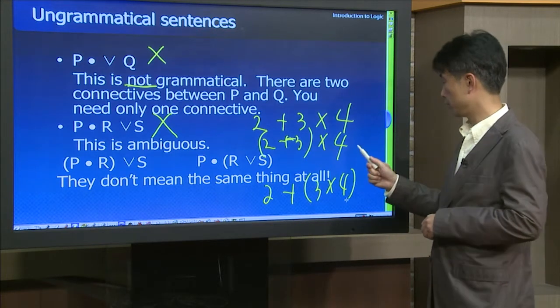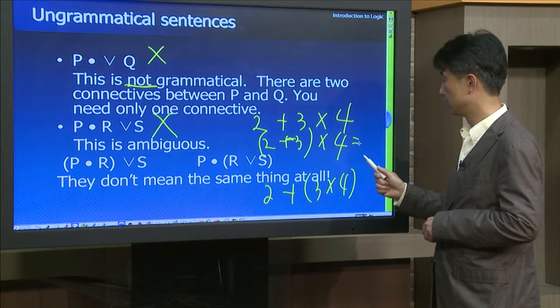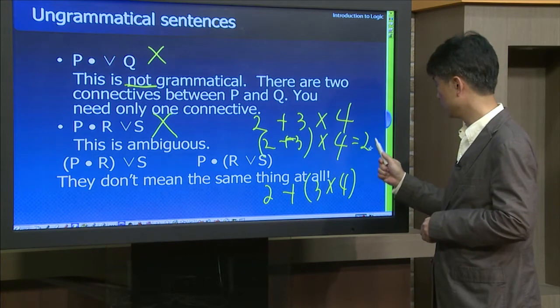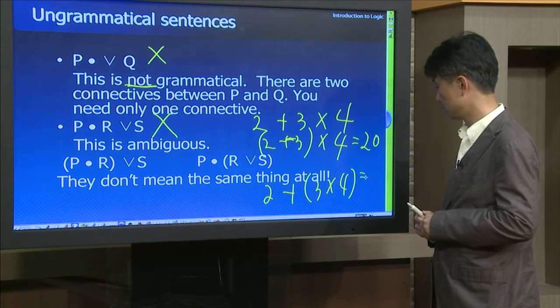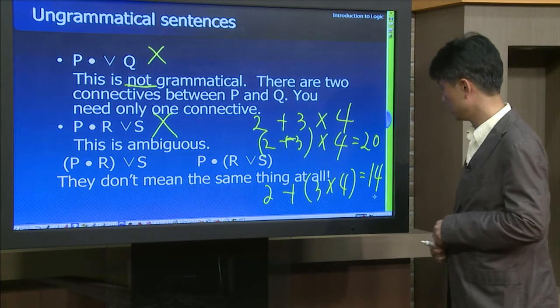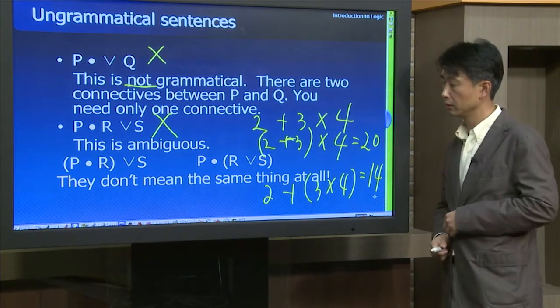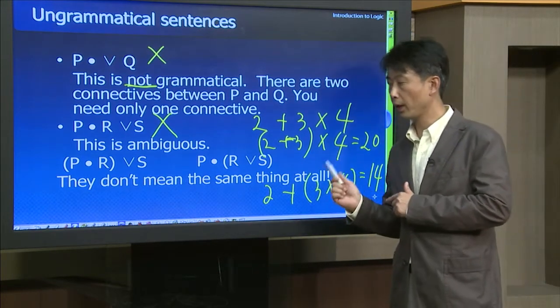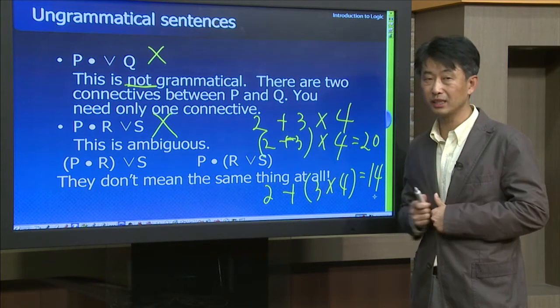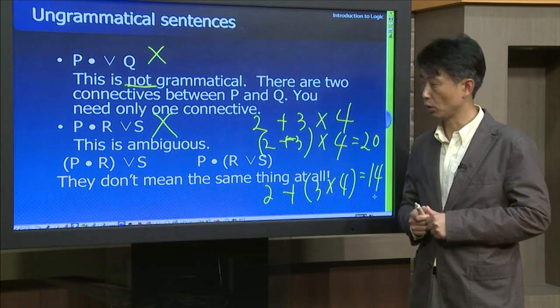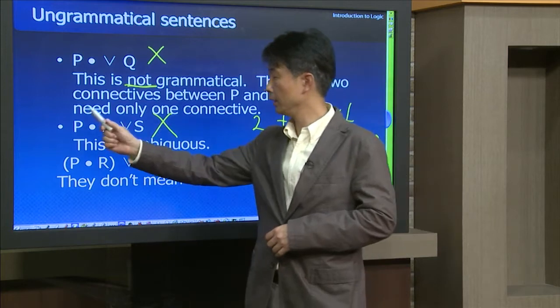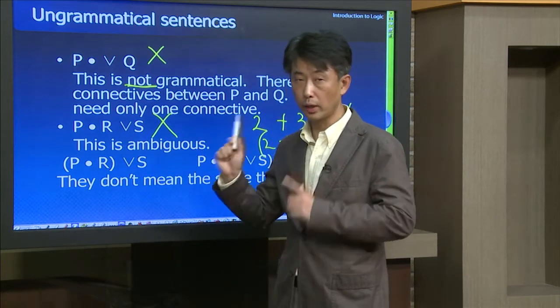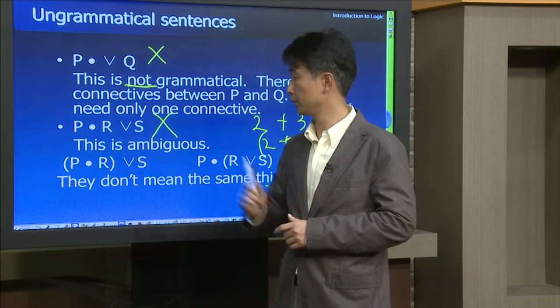What's the value of this? 5 times 4 is 20. Or 14. Different values. So depending on where the parenthesis goes, it makes a big difference. So you have to place it either this way or that way. You have to disambiguate this.